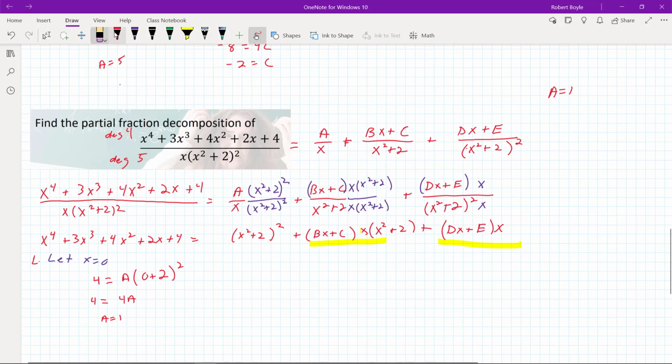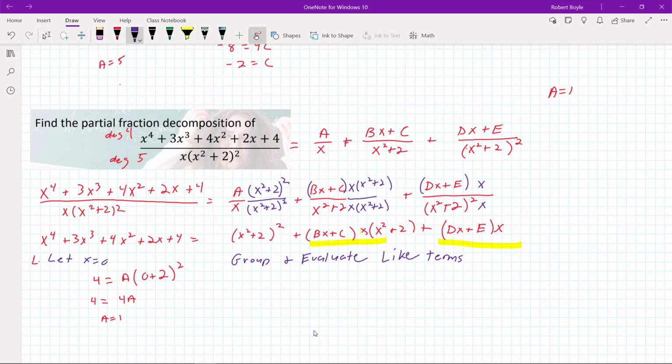So this is one of the situations where you want to group and evaluate like terms. To do that, you want to expand the entire right-hand side.